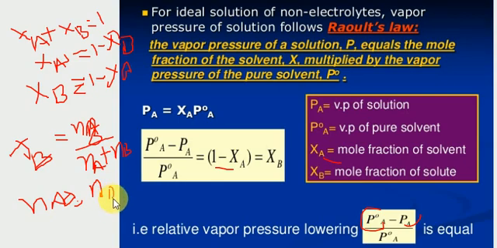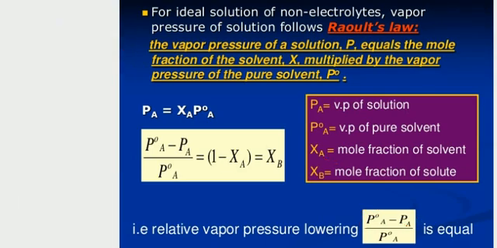So we can neglect the Nb value in the denominator.